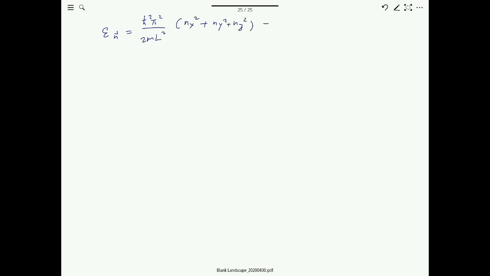So I can write this as h bar squared pi squared over 2mL squared times the n vector squared. Now I want to calculate the density of states in terms of energy. That means in n space, but now this n cannot go to 0 and cannot go to minus values.